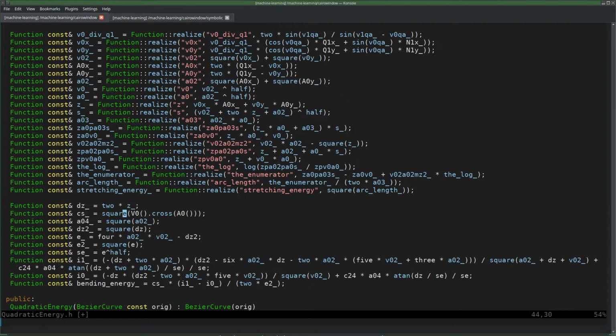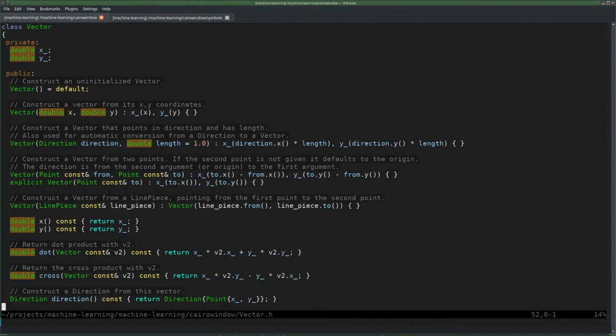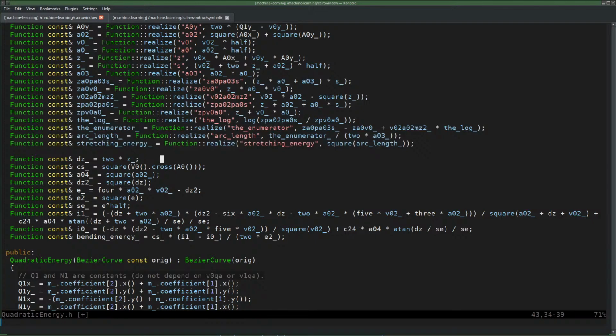Okay, the square of V0 cross A0. The cross product is this, where V2 is the vector that we take the cross product with. So that is the V2 dot x, the x coordinate of A0.